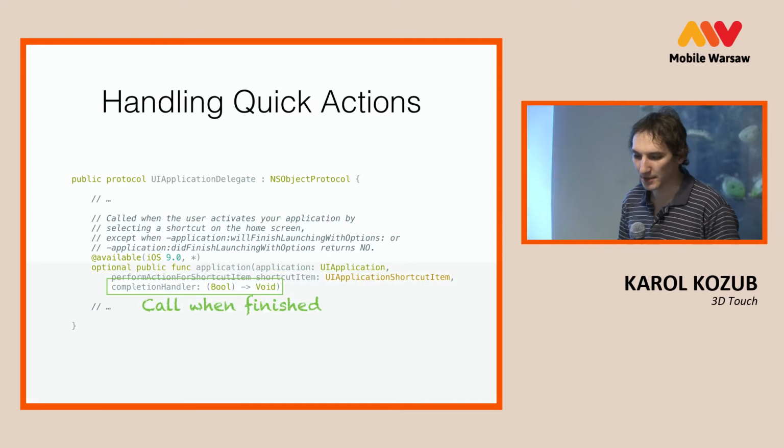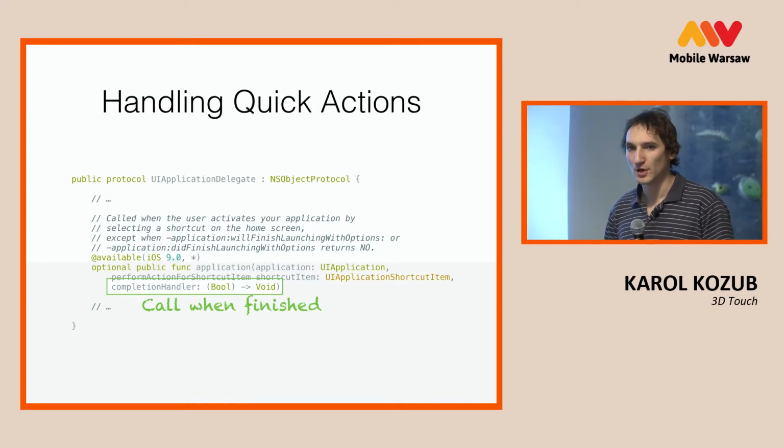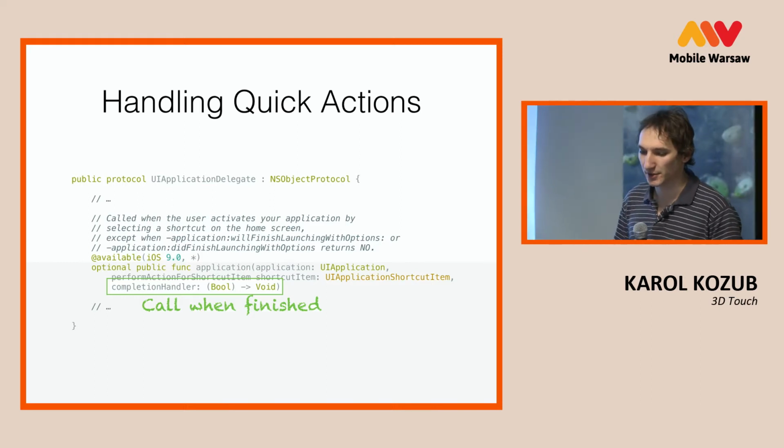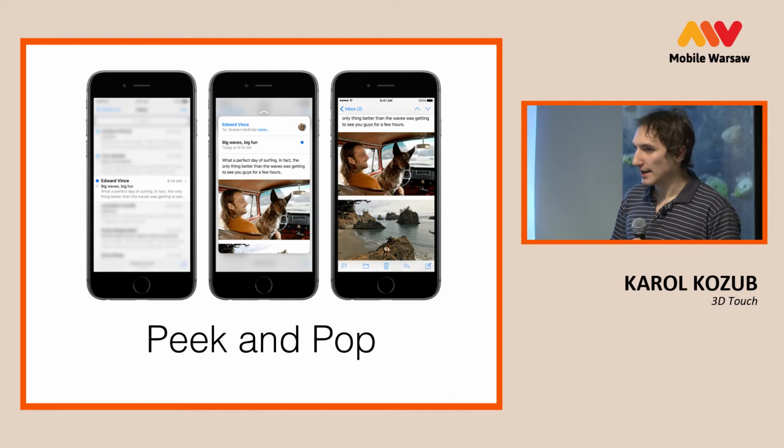It also has a completion handler, which we have to call when we finish performing the action. And it takes a Boolean value, which we have to set to true or false, depending on whether the action succeeded or not. Right. So that's all for quick actions.